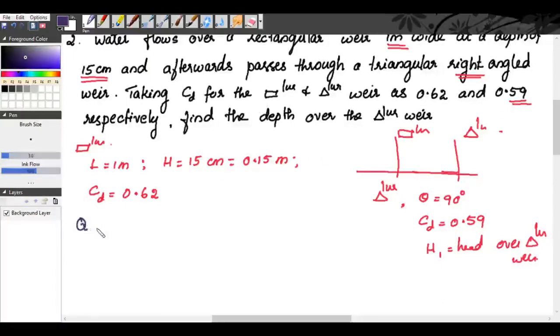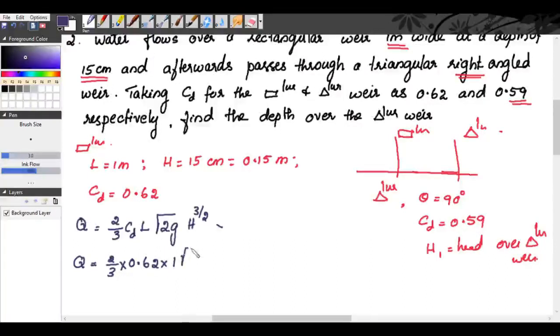So, discharge Q is equal to 2 by 3 CD L into root of 2g H raised to 3 by 2. So, Q is equal to 2 by 3 into C, for the rectangular portion it is 0.62 CD, L is 1, square root of 2 into 9.81 into H is 0.15, the whole raised to 3 by 2.